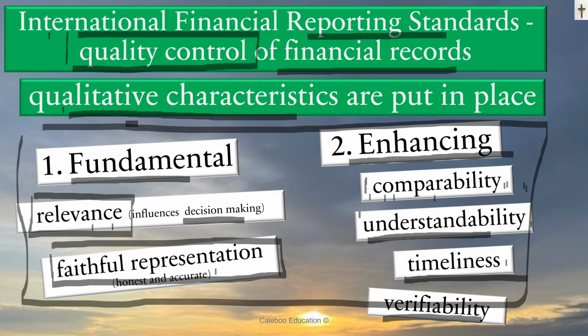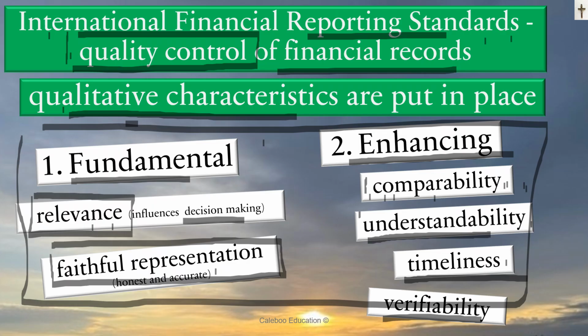So all these characteristics, enforced by the International Financial Reporting Standards, will control the quality of the bookkeeping. We all, as bookkeepers, follow policies and guidelines that are put in place by the International Financial Reporting Standards.